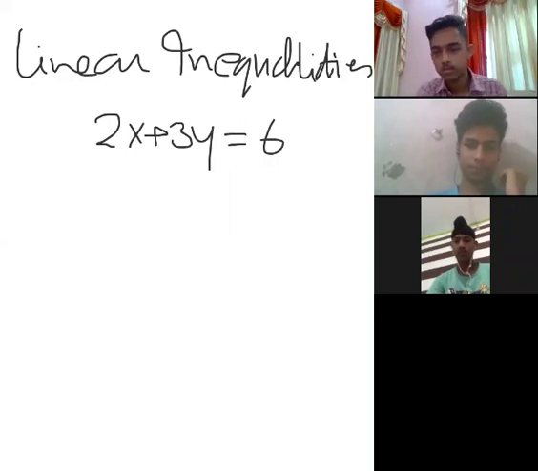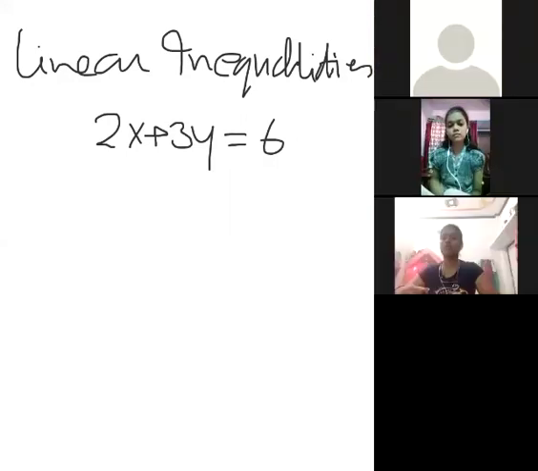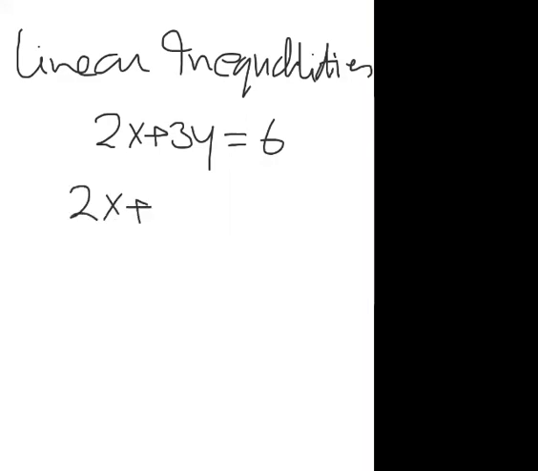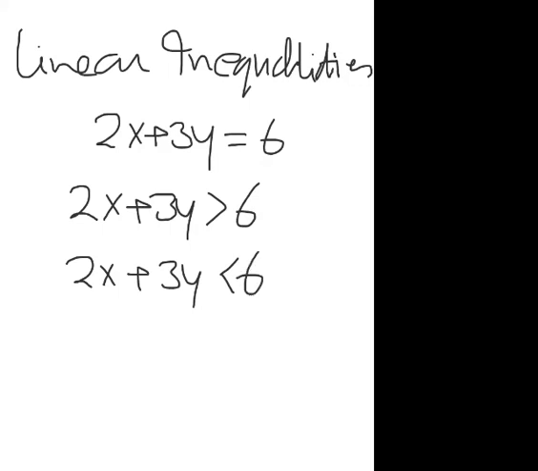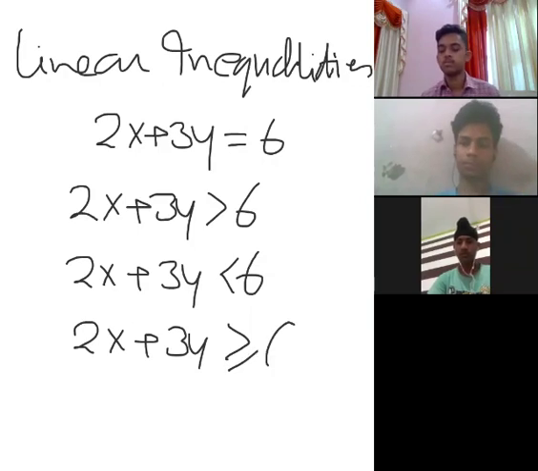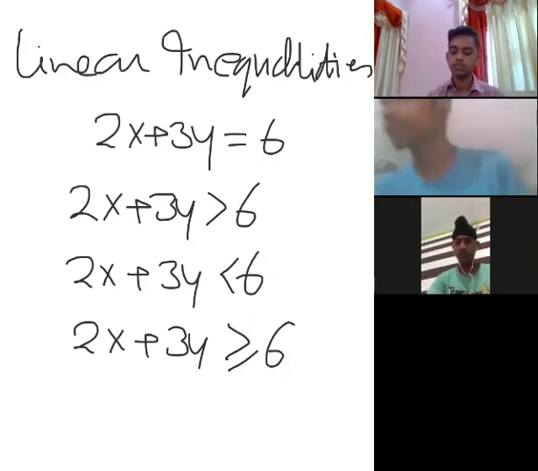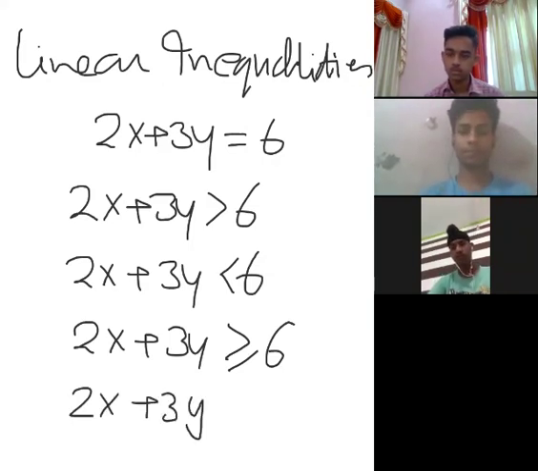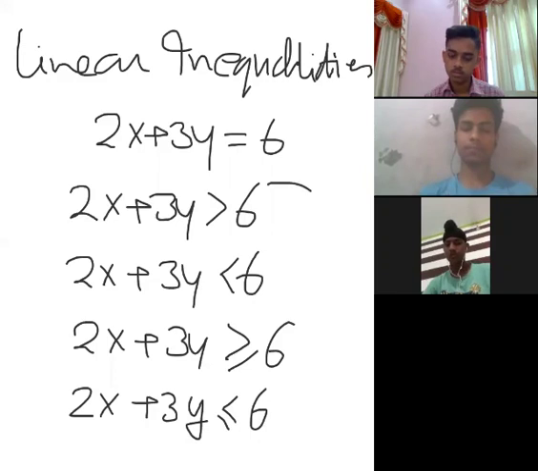Now, if we are going for linear inequalities, then it will become 2x plus 3y is greater than 6, 2x plus 3y is less than 6, 2x plus 3y is greater than or equal to 6, or the last one, 2x plus 3y is less than or equal to 6.